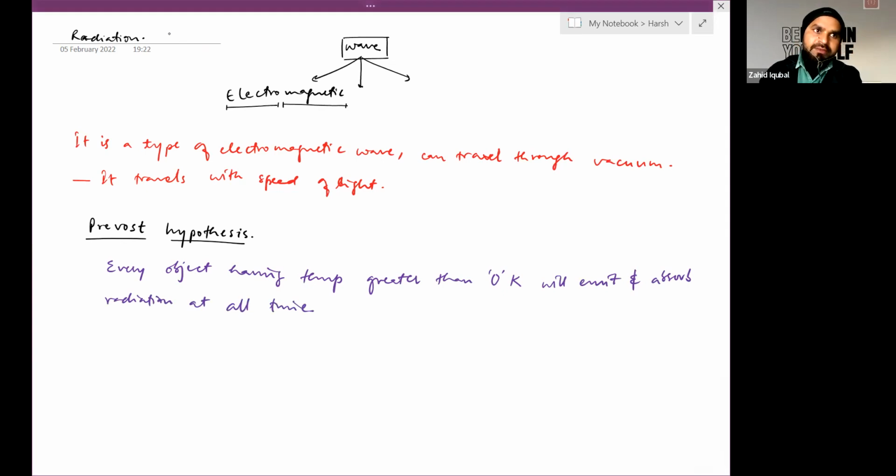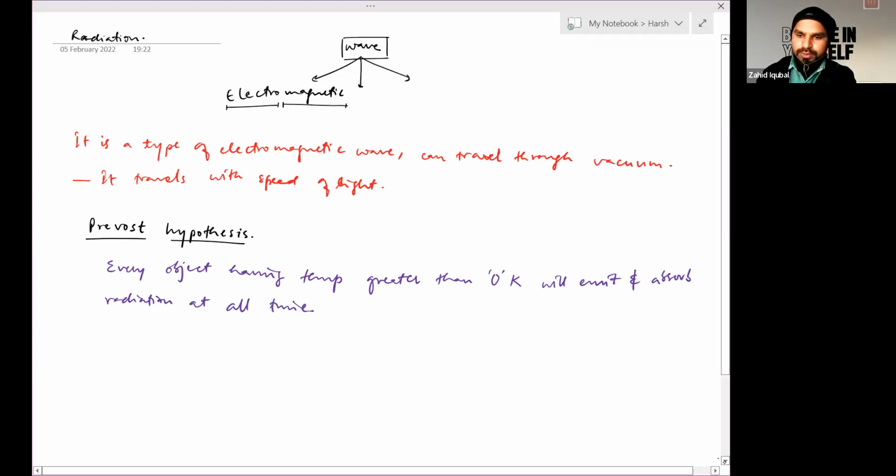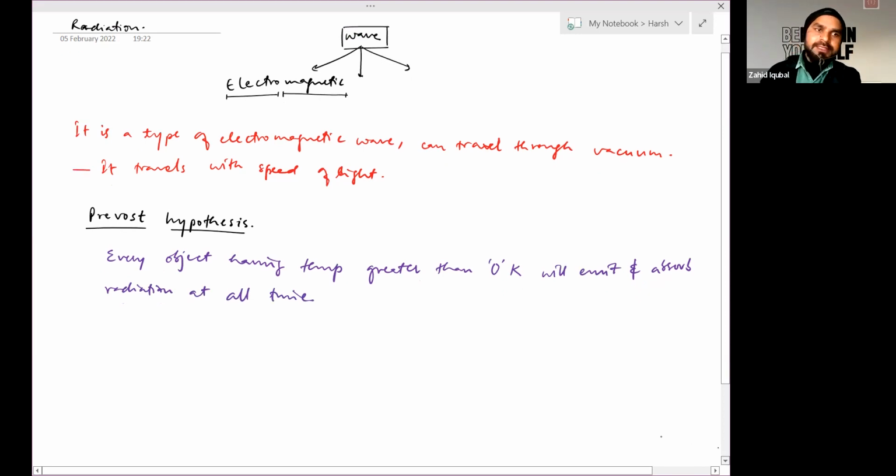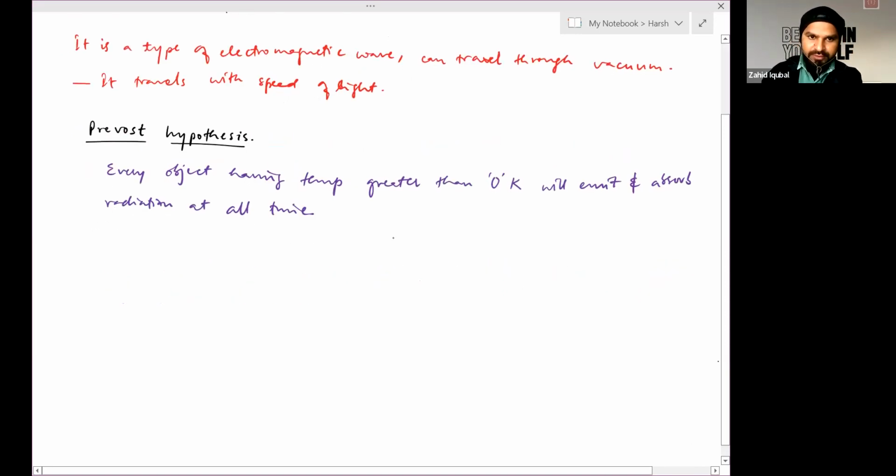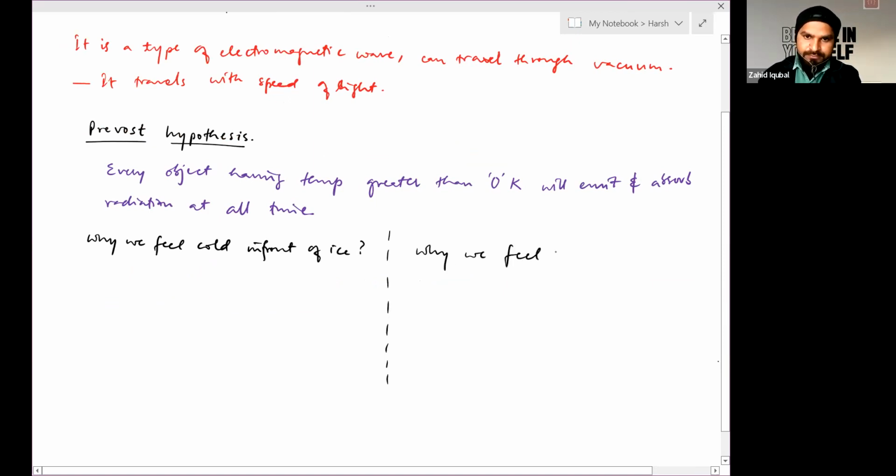According to this theory, we may explain why we feel cold in front of ice and why we feel hot in front of fire.